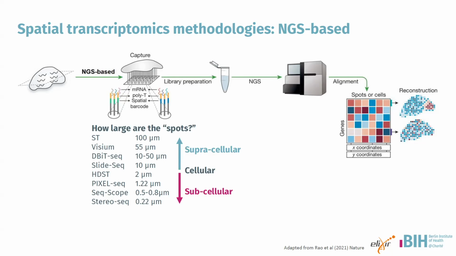One of the key parameters here is the size of the regions, these spots, these bins that allow you to resolve that spatial resolution. So the interspot distance is also very important, as is the size of these. These typically range from supercellular to subcellular. And this makes a huge difference as to what the first computational tasks are once you get this data.